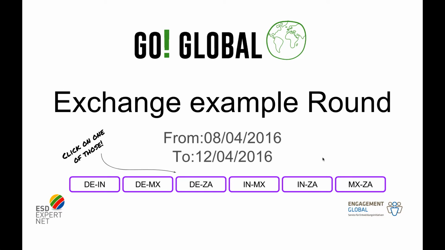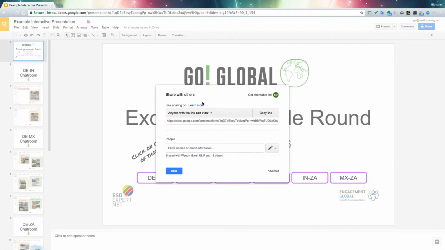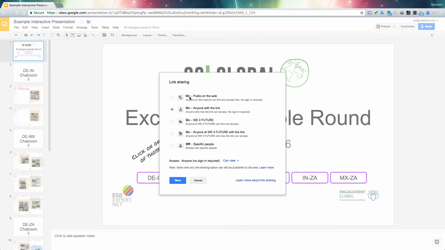I will go back to our example, and you will see here there are the options to share this presentation, and you can choose whatever you want. In this main menu, you can find the different main options. In that case, I am using Google Suite in my domain, so I can set it only for the people in my domain, or even for people around the world, but only if they know the link.